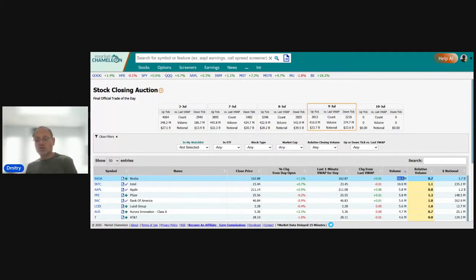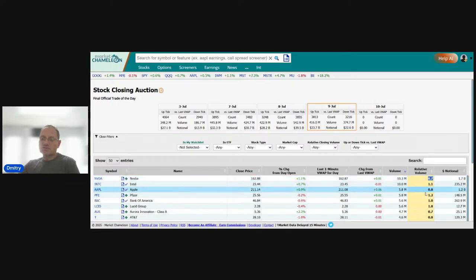So what we could do is create a relative volume. The relative volume takes today's volume divided by the average daily volume. So it looks back in history, I think the last 30 days, takes the average of those, and then we get a ratio.